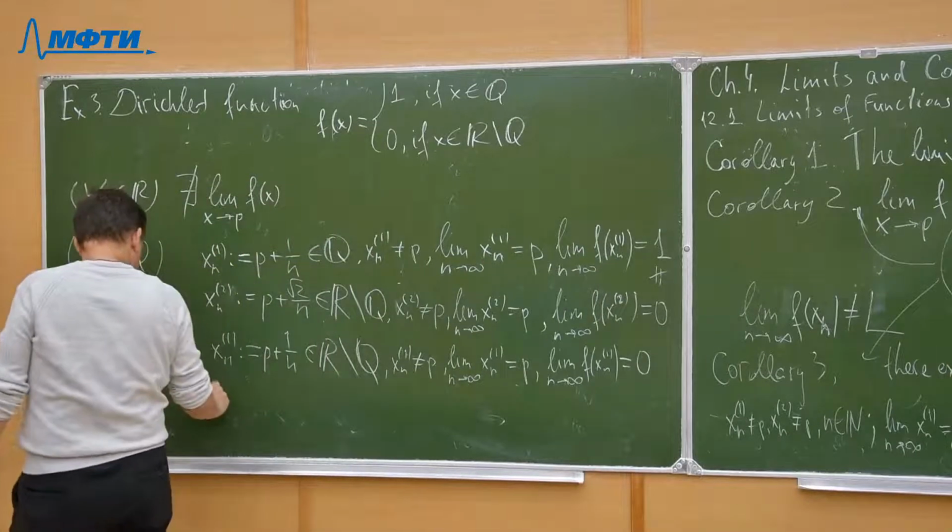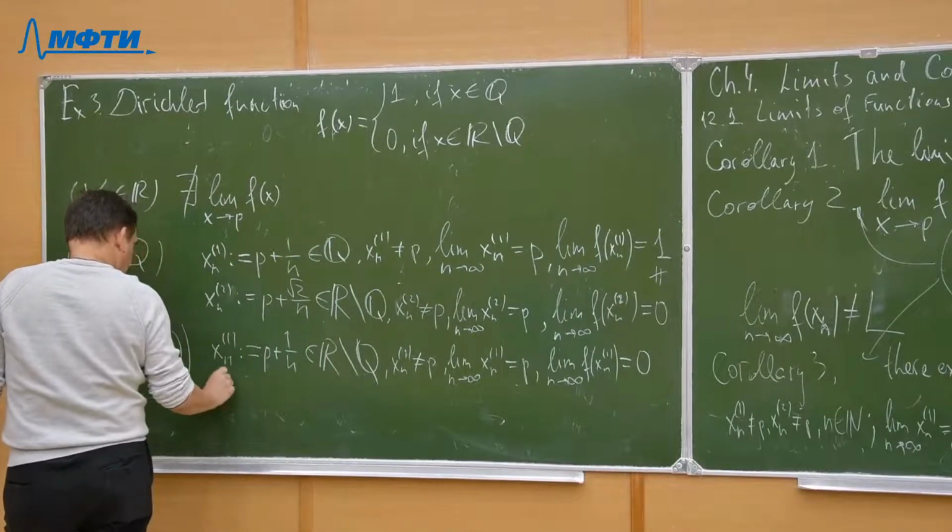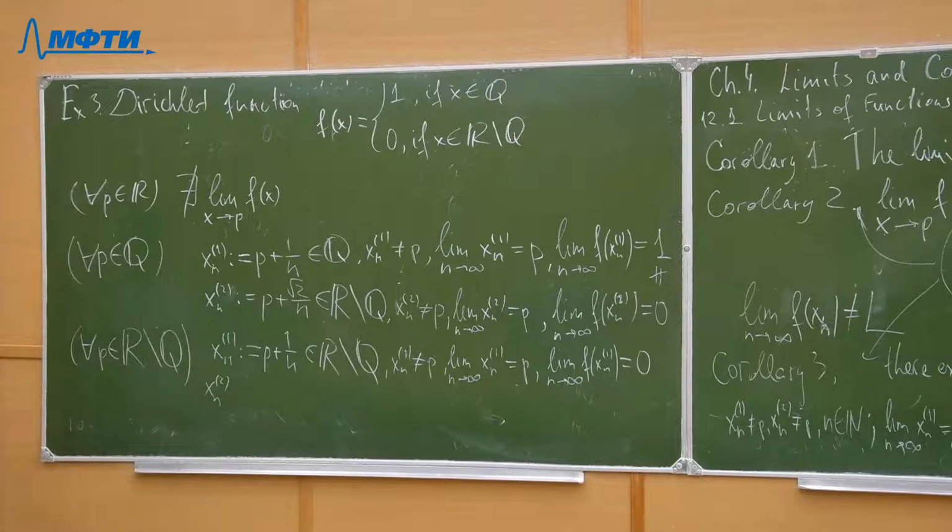And for xn2, okay, we want to have a rational number, right?